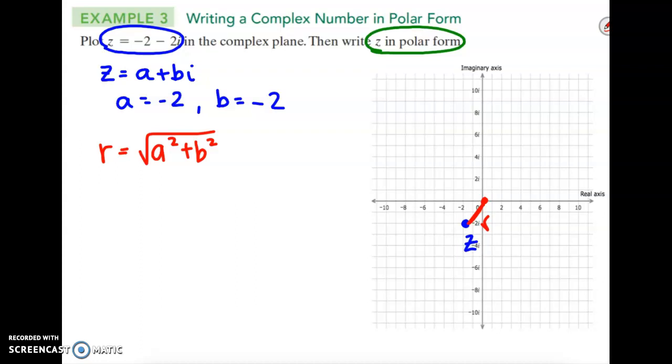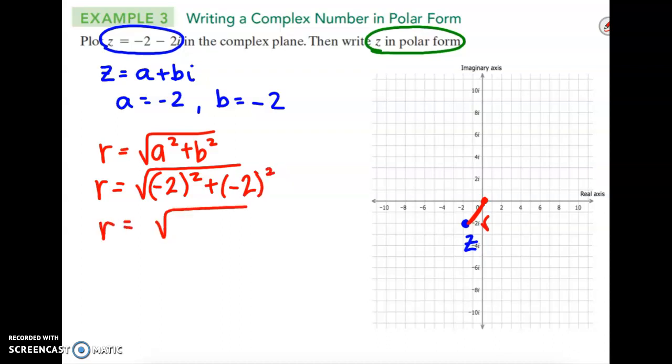We're going to substitute in the A and the B value into the formula. So A is -2 and B is -2. We square those values, 4 and 4. We add them together, and we get the square root of 8, and then we need to simplify it.